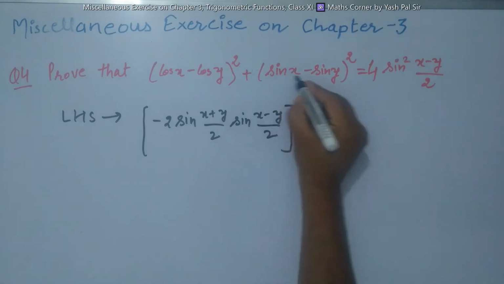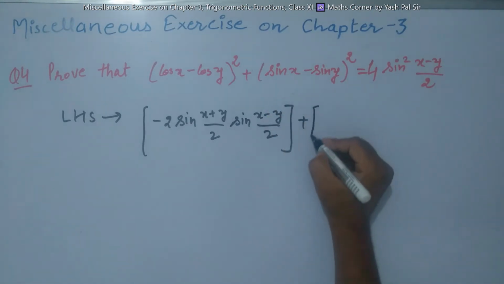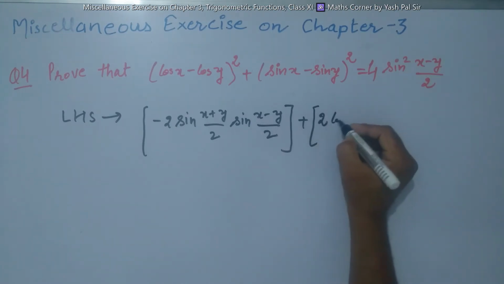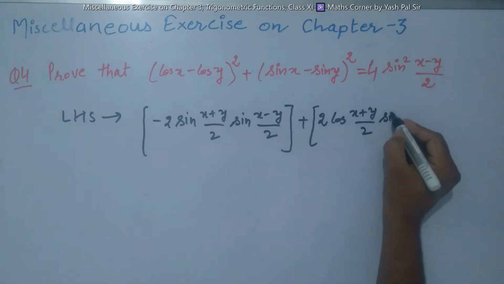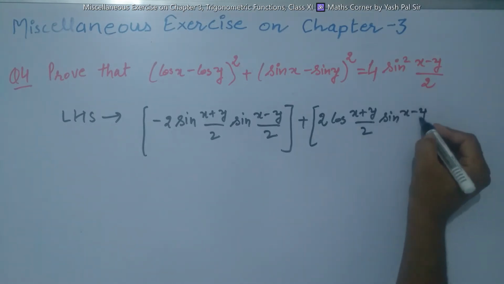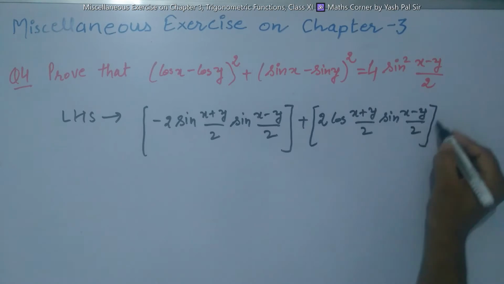The second time, sin c minus sin d is equal to 2 cos of (x plus y) upon 2 into sin of (x minus y) upon 2, its whole square.